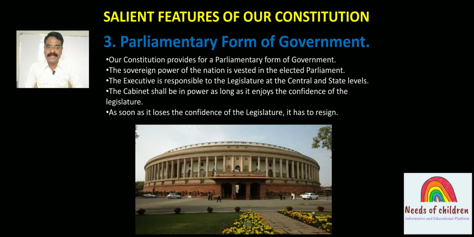The cabinet shall be in power as long as it enjoys the confidence of the legislature. As soon as it loses the confidence of the legislature, it has to resign. So, that is the concept of parliamentary form of government.